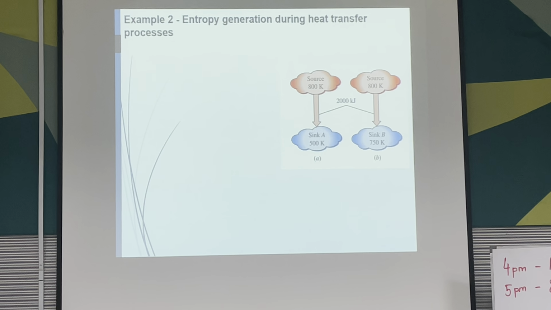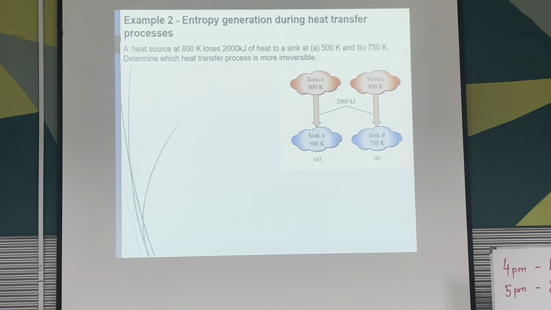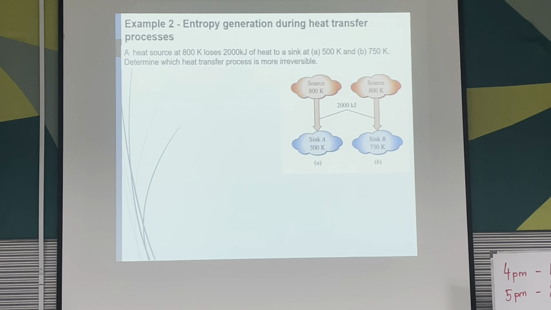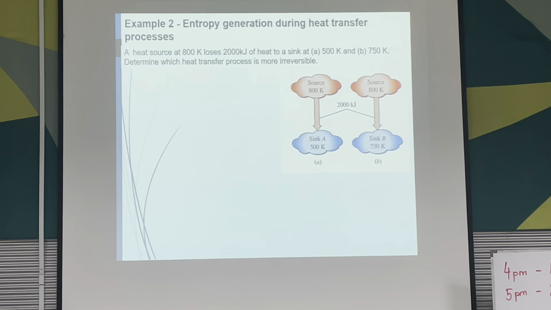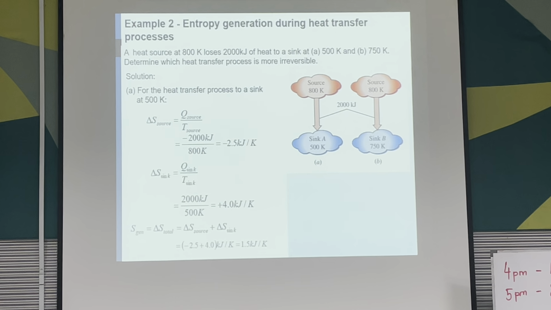Okay, next we have another example. Entropy generation during heat transfer processes. A heat source at 800 Kelvin loses 2000 kilojoule of heat to a sink at 500 Kelvin and 750 Kelvin. So let's say in both cases you are losing the same amount of heat. Determine which heat transfer process is more irreversible. So here we do the same thing for each of the temperature.